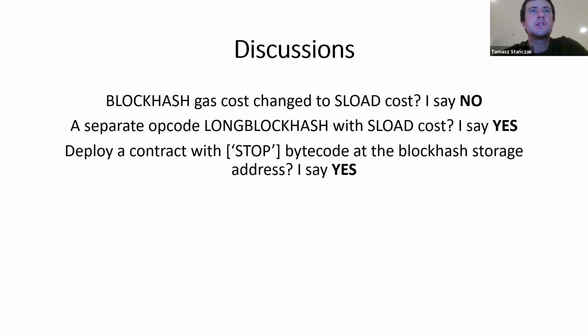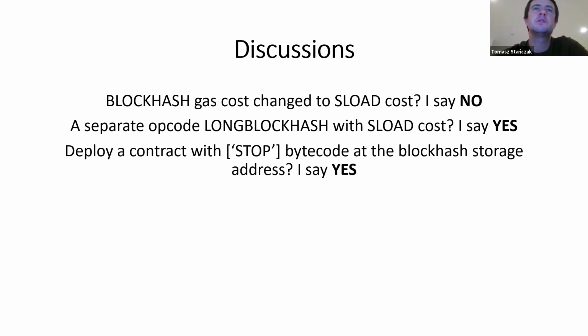What's up for discussion, based on the implementation that I'll show in a moment, is whether the change in the block hash opcode should include a gas cost change to the S-load cost, because suddenly block hash becomes S-load, but it's only S-load for the very first transaction in the block, and later it can be cached, I guess. But if we have 256 blocks in the past, and if we don't create some additional structure for those, then it's really S-load on the storage.